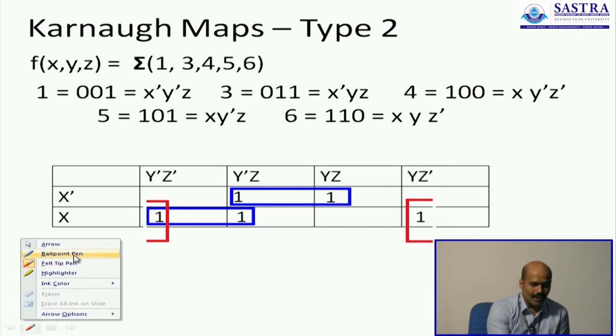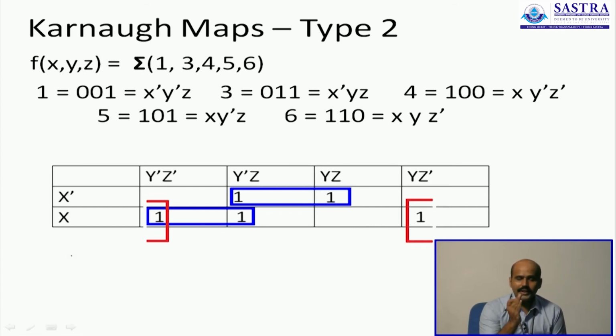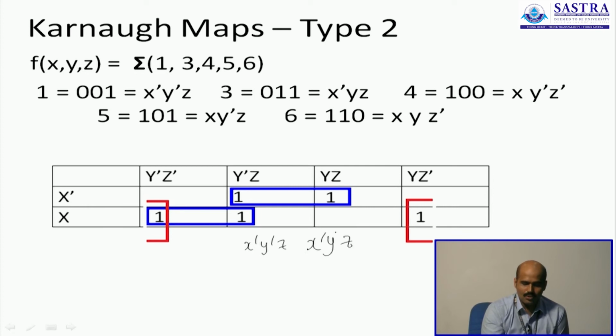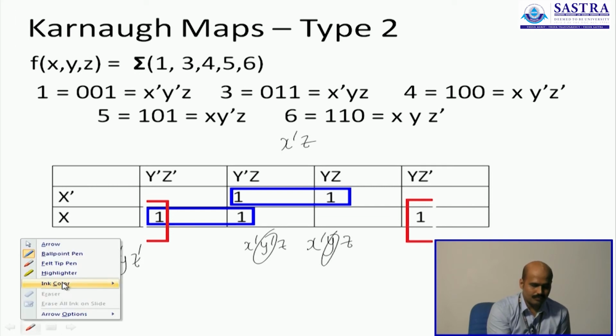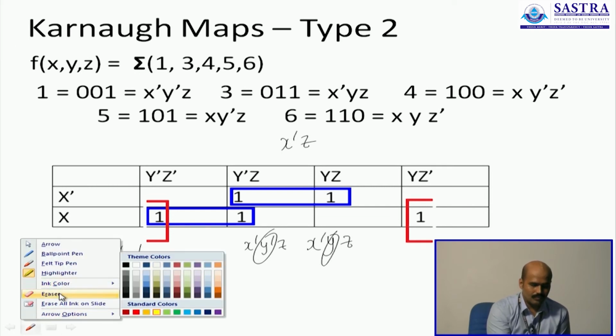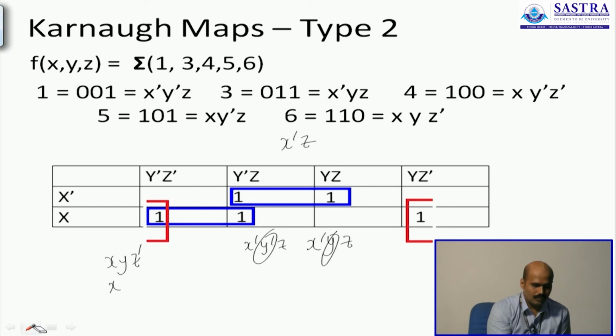and when I do that, I have only 3 terms in the reduced form. The reduced form for these are x bar y bar z paired up with x bar y z. So y is not common, chop it off, that's x bar z. When I consider these two, it's an x y bar z bar and an x y bar z.